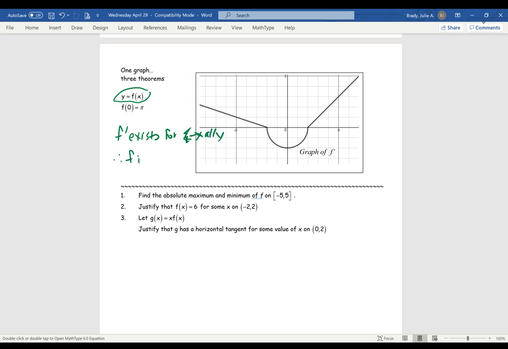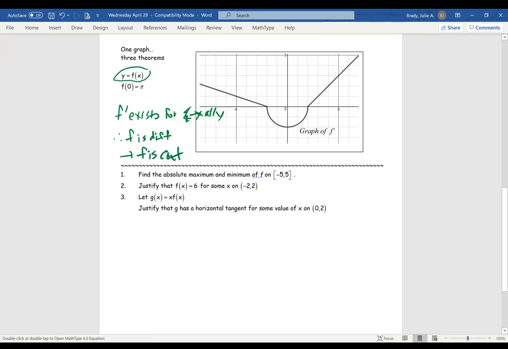Therefore, f is differentiable, and that implies that f is continuous. Because we need both. We need the continuity for everything. Okay? Okay, well, let's do these.